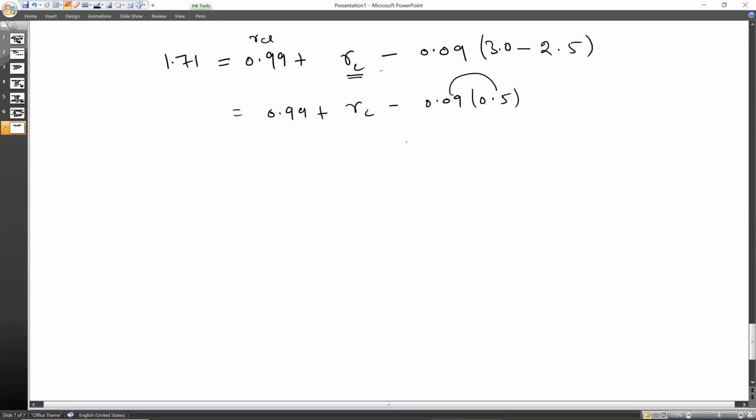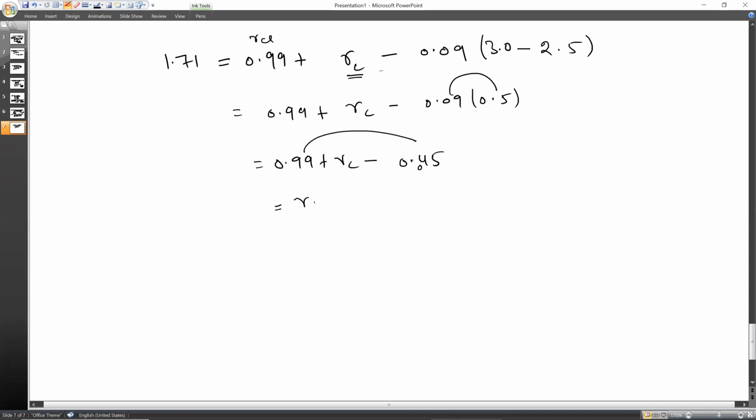Okay, when you multiply this one, what will you get? 0.99 plus Rc minus, when you multiply 9 by 5, you have to put the decimal after 3 digits. That will be 0.045. Got it? So when you subtract this one, first of all, you have to add this one. What will you get?